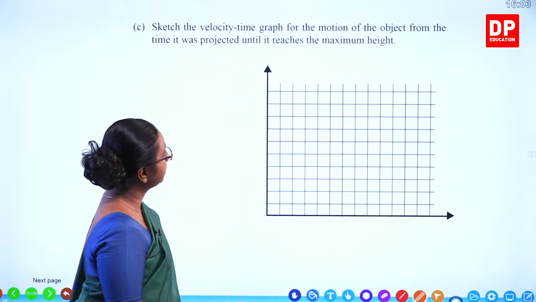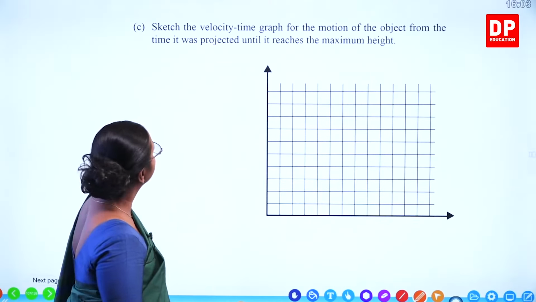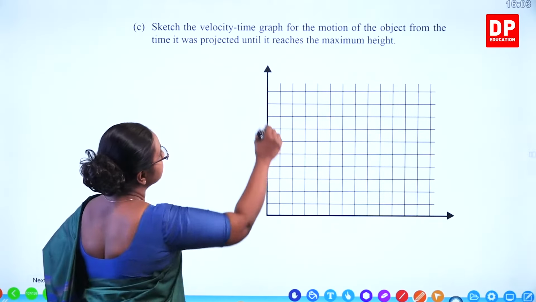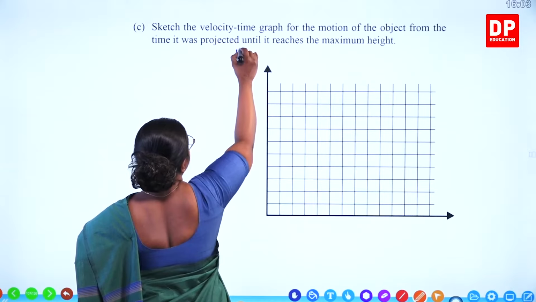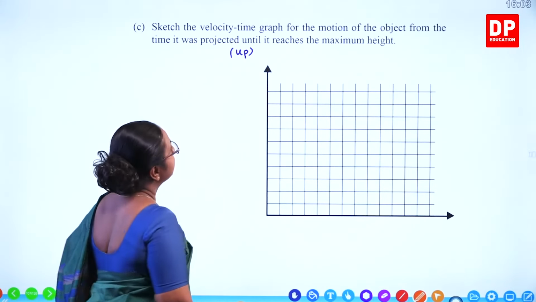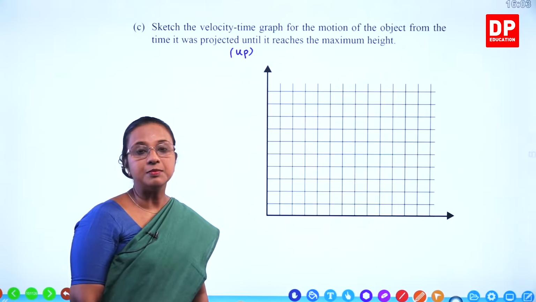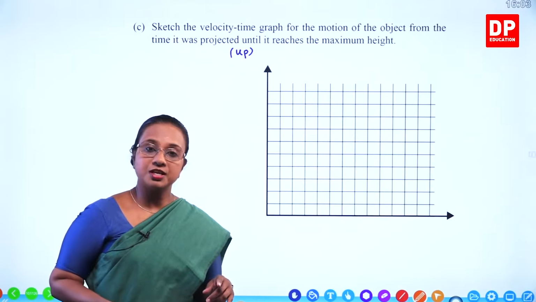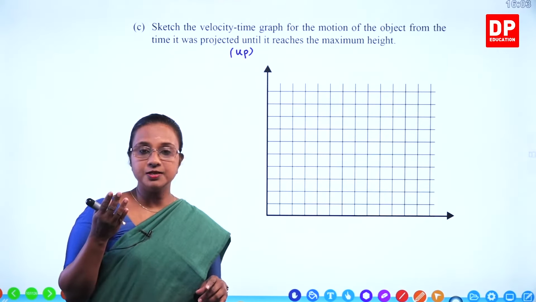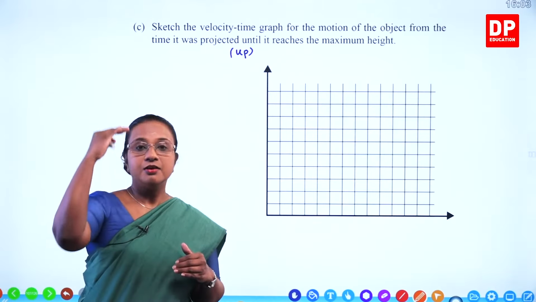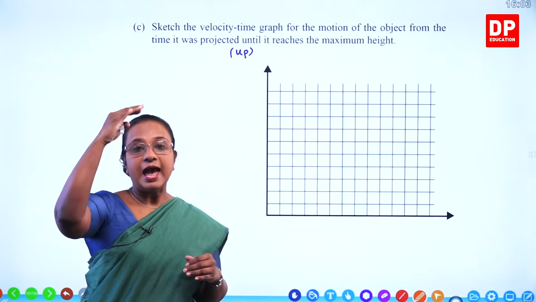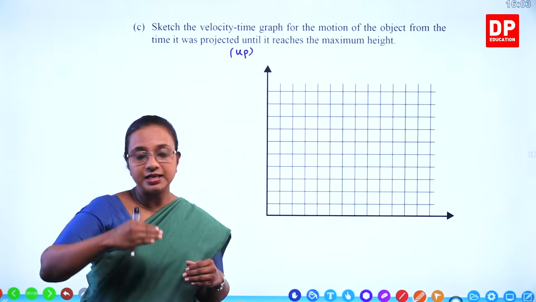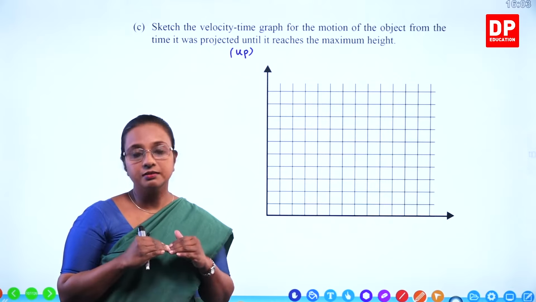Sketch the velocity time graph for the motion of the object from the time it was projected up until it reaches the maximum height. So here, as you know, initially the object was projected upwards, then it decelerates, reaches the maximum height, and then due to gravitational acceleration, it will again come downwards to the ground.